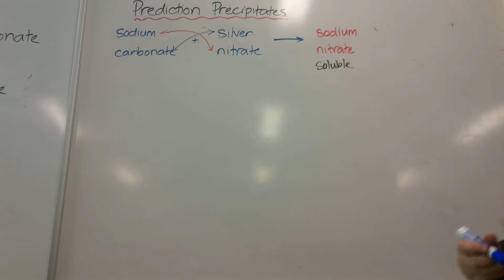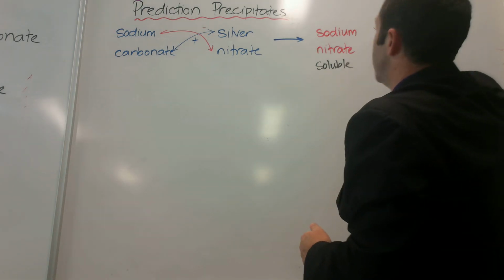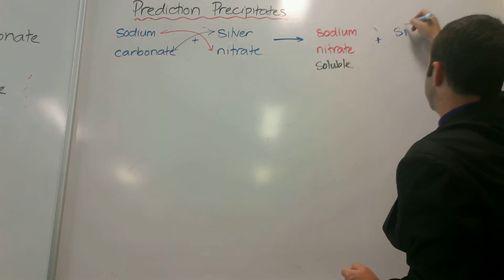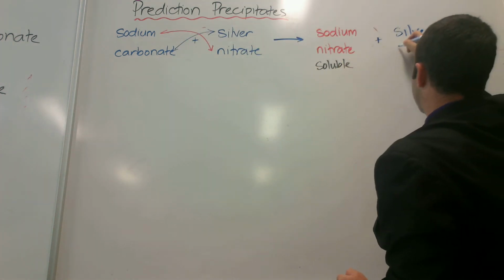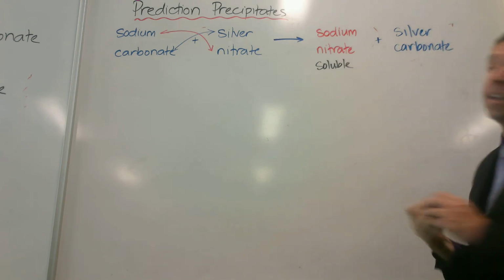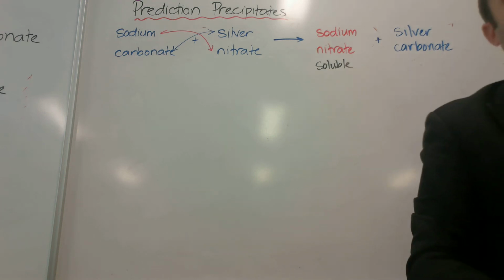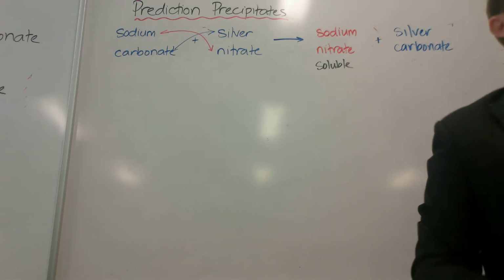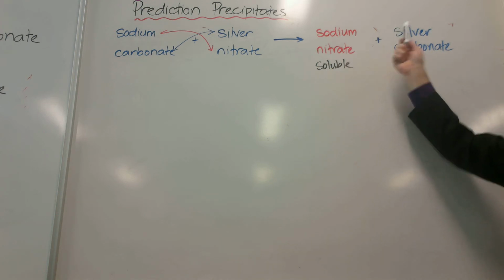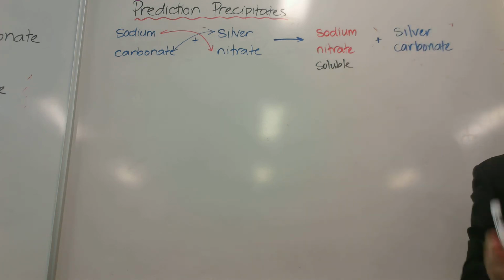The other thing being made is going to be silver carbonate. On our list, it says that all carbonates are insoluble, except for a couple of them, and silver is not one of those exceptions in our table.